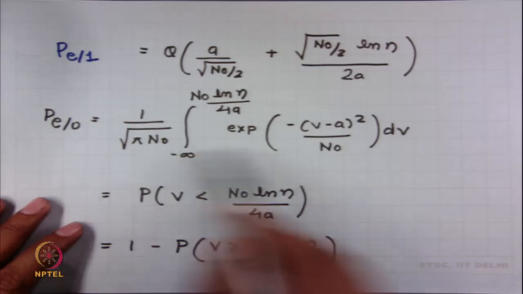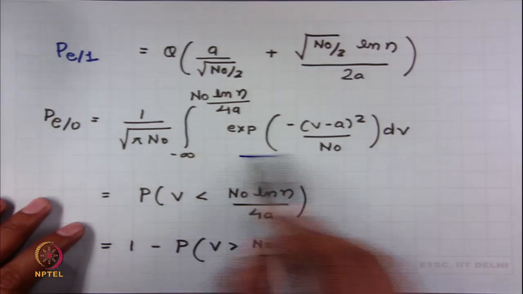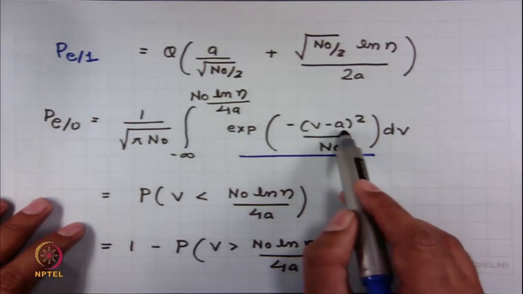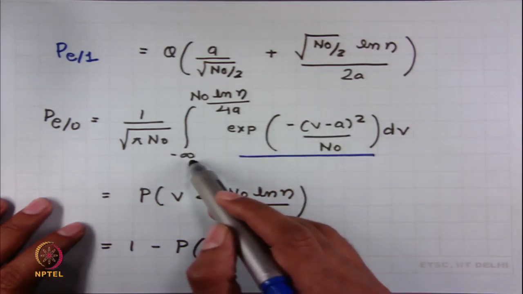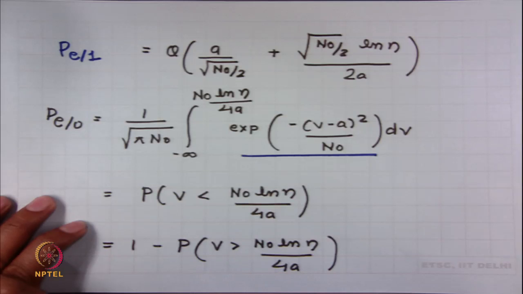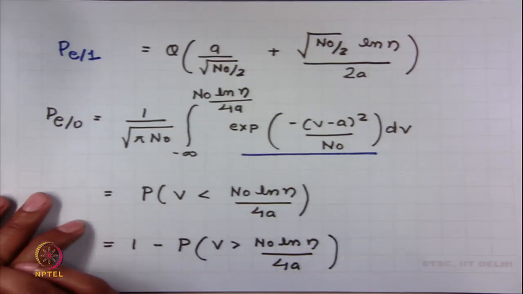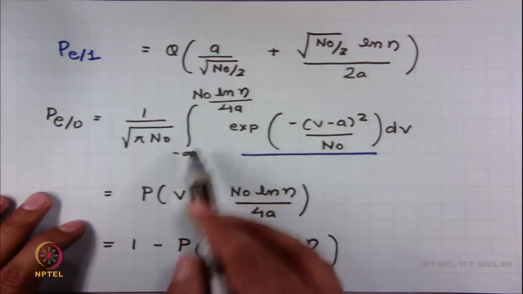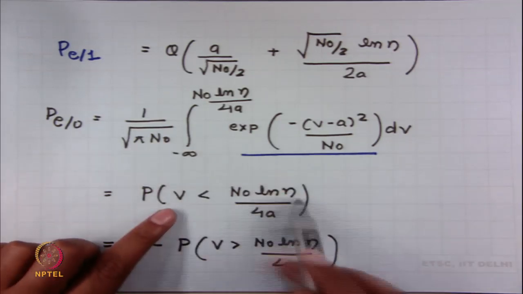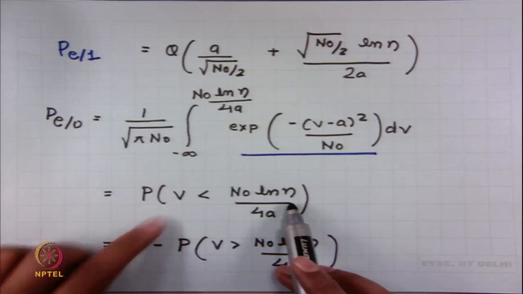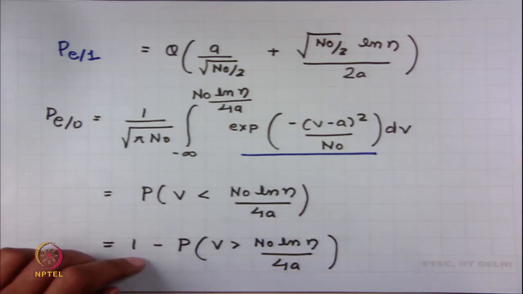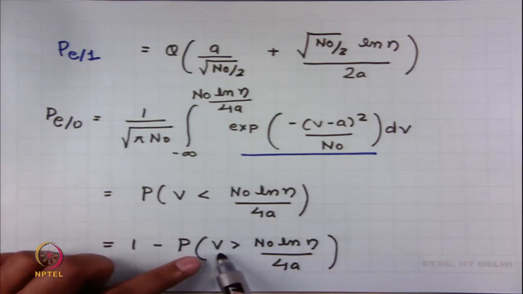We can evaluate this by integrating the PDF when 0 is transmitted in the limits minus infinity to the threshold. You can solve this by thinking that this is the probability of the random variable V being less than the threshold, and this probability, as we have seen before, is nothing but 1 minus the probability of V being greater than the threshold.